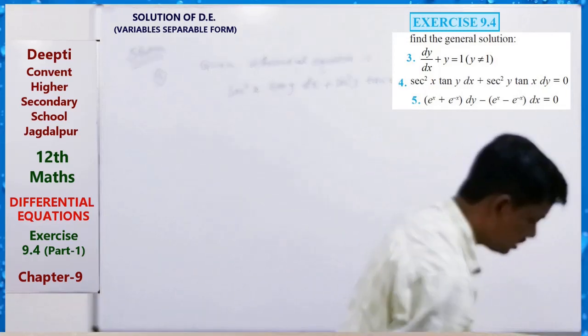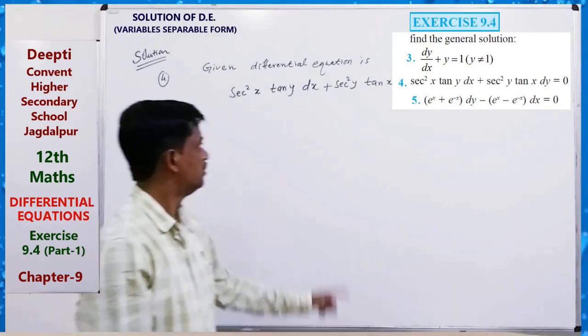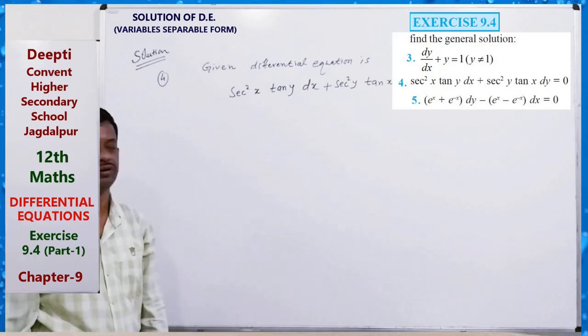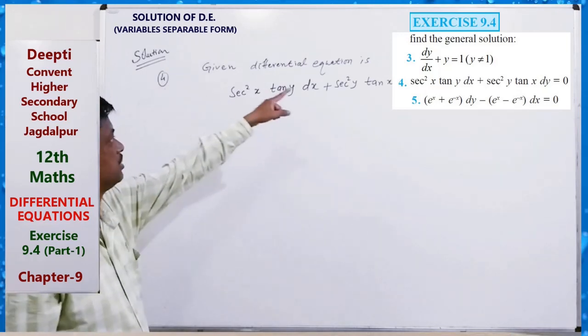This is the given differential equation. Okay, this is equation 4. The given differential equation is this.